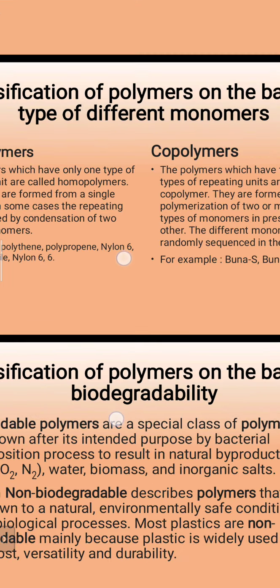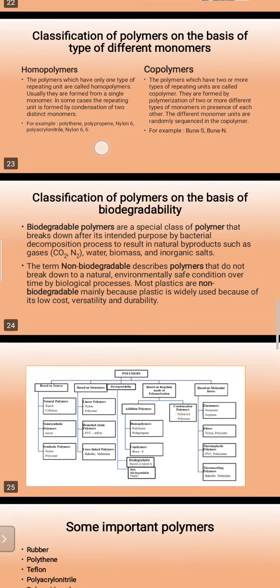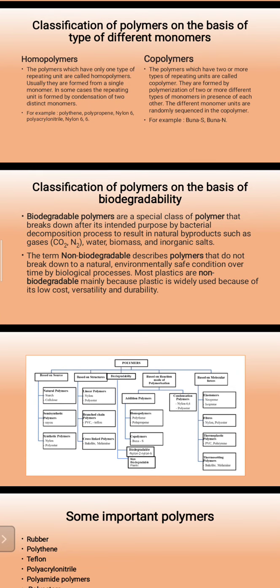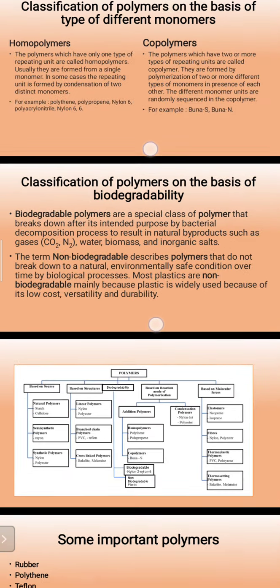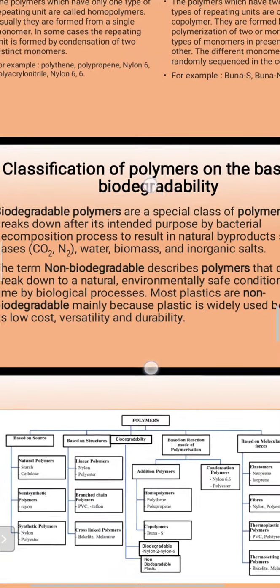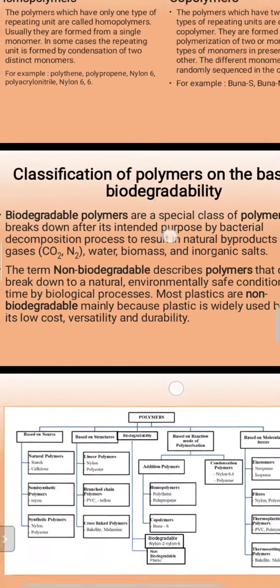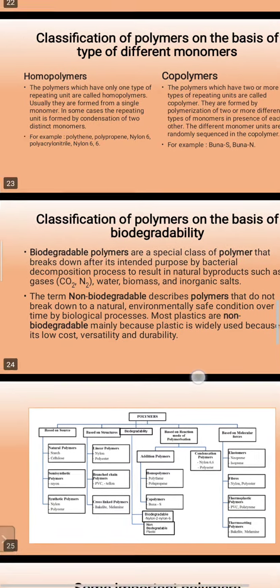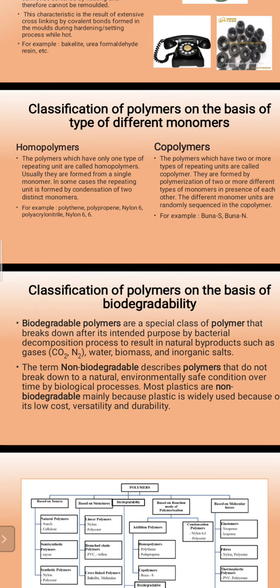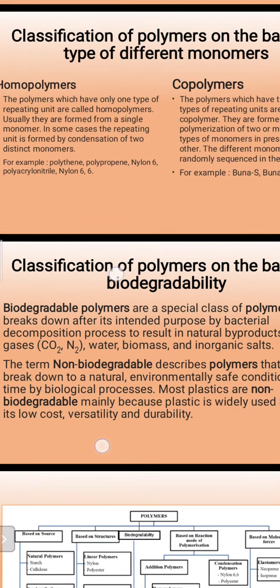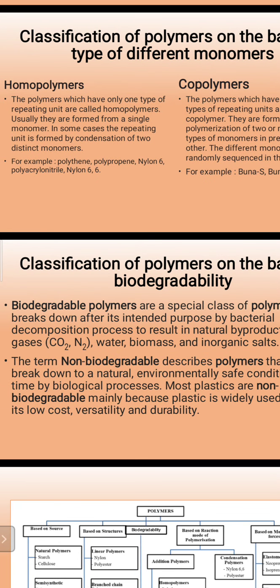Next we'll see the classification of polymers on the basis of biodegradability. Degradable means easily destroyed, and biodegradable means easily destroyed and able to merge back into nature.